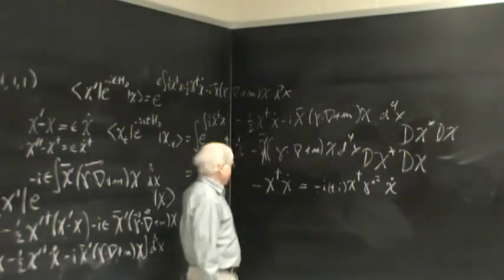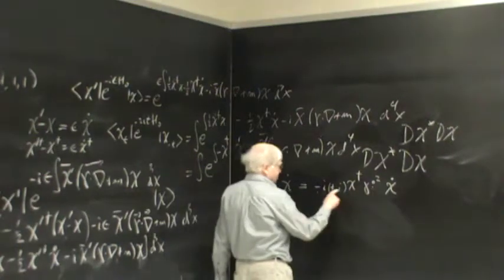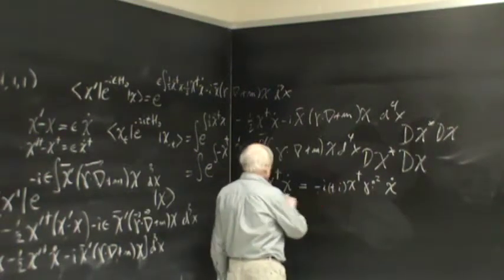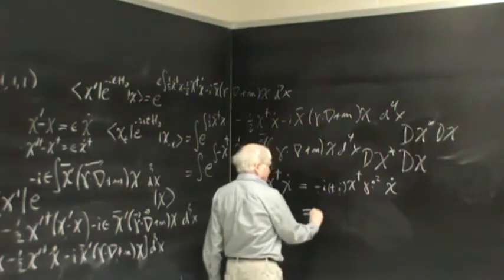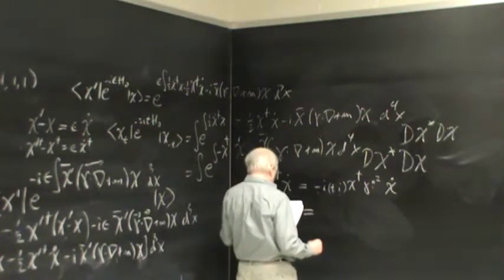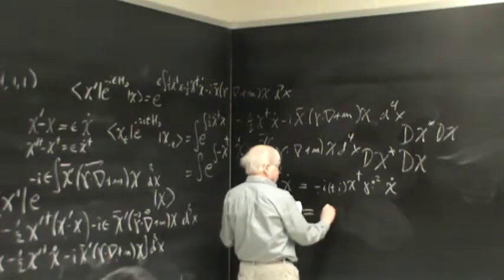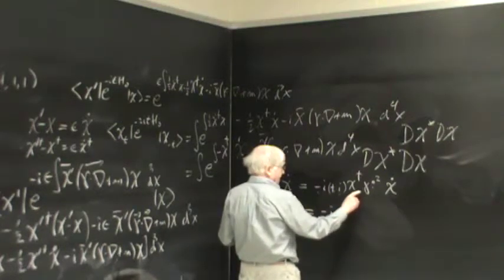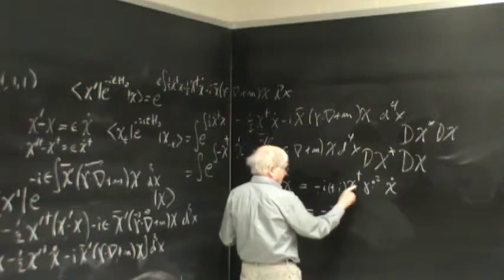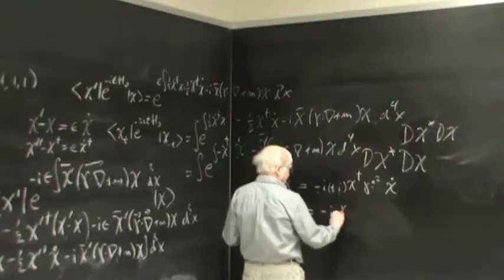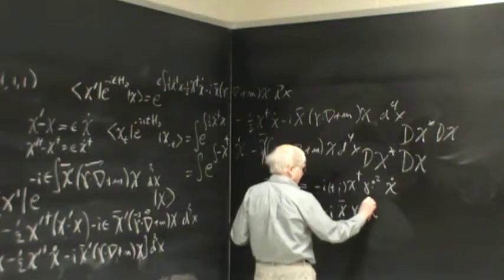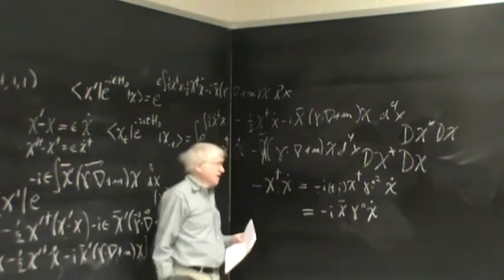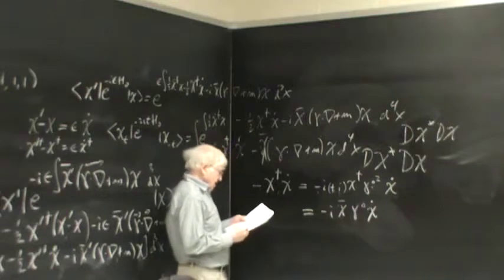Okay. So this turns this into minus 1, minus I is minus 1. Okay. So now altogether this is minus I chi dagger gamma 0, that's chi bar, and then gamma 0 chi dot. So that's our expression there.